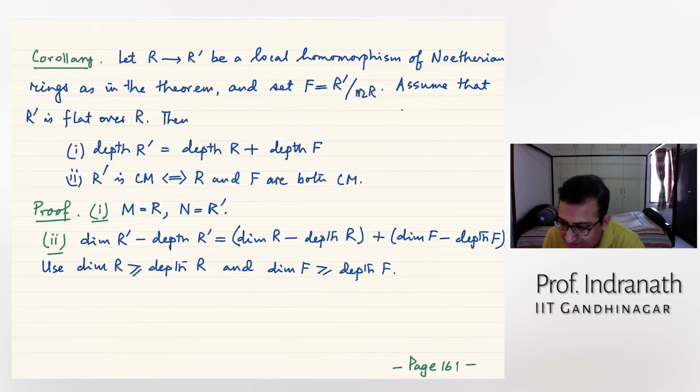So here you see, probably for the first time, how properties of r and r dash behave mutually. This is a classic example. You can see that r dash Cohen-Macaulay implies r is Cohen-Macaulay. But to show that r dash is Cohen-Macaulay, you require that the fiber ring is also Cohen-Macaulay.